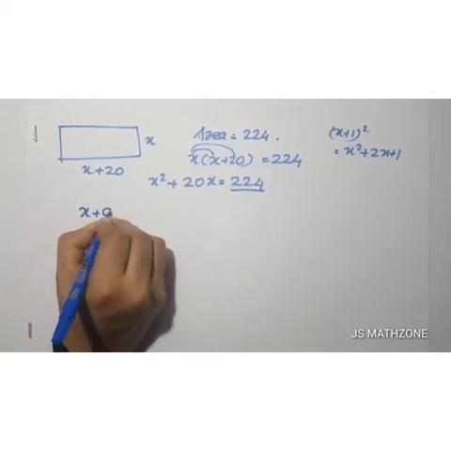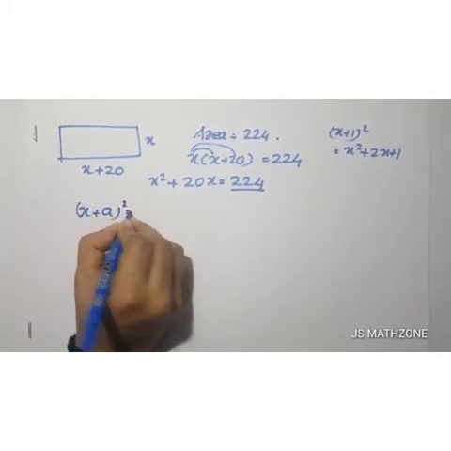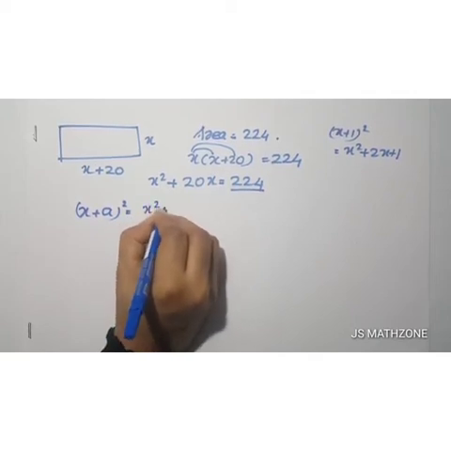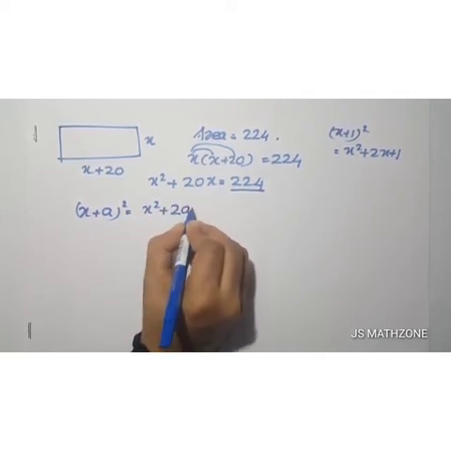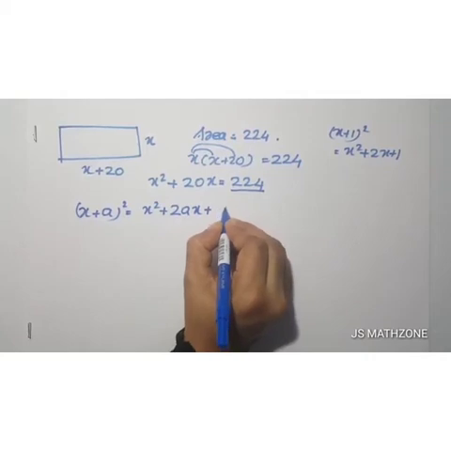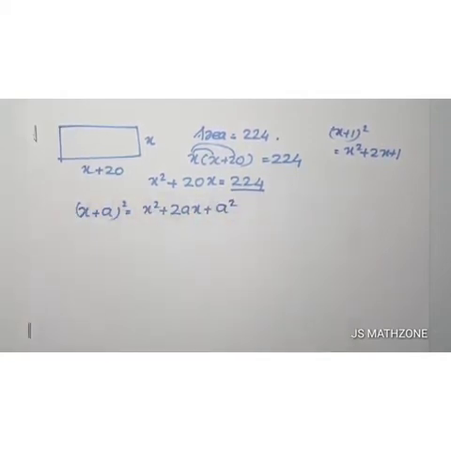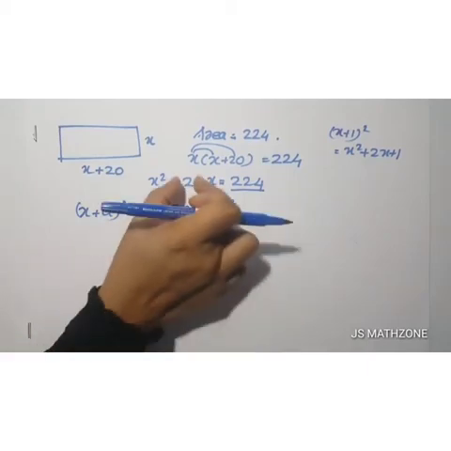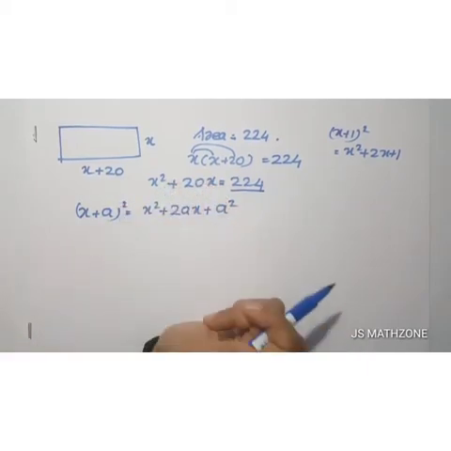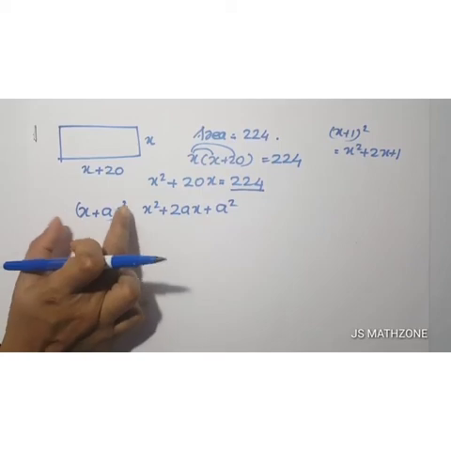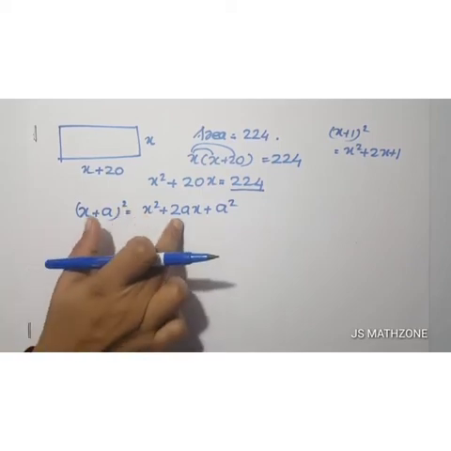We have x plus a whole square is equal to x square plus 2ax plus a square, isn't it? Here, in place of 2a we have 20.